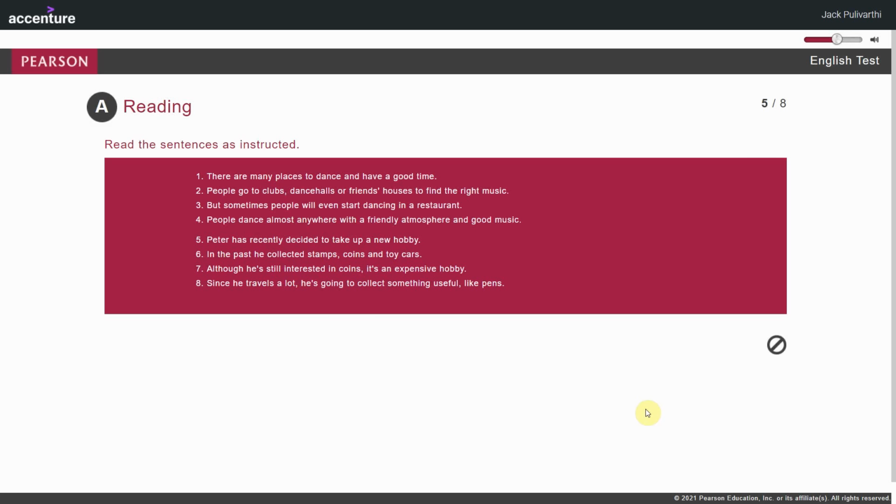Now read sentence 5. Please read sentence 6.